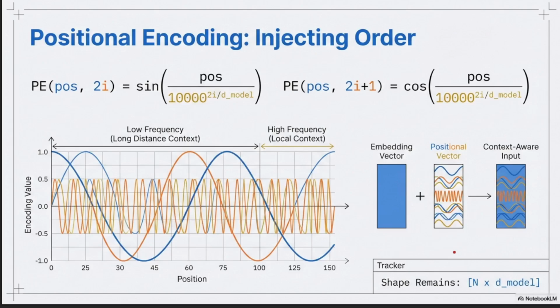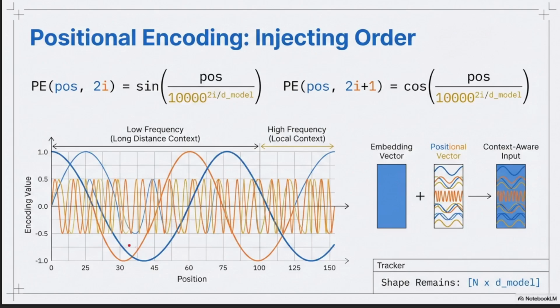So the second step is the positional encoding. Since the model processes "let's" and "go" in parallel, it loses the order, so we must mathematically inject position. We use, for example, a specific formula involving sines and cosines of different frequencies. For the word "let's" at position 0, we generate a vector using these sine waves.